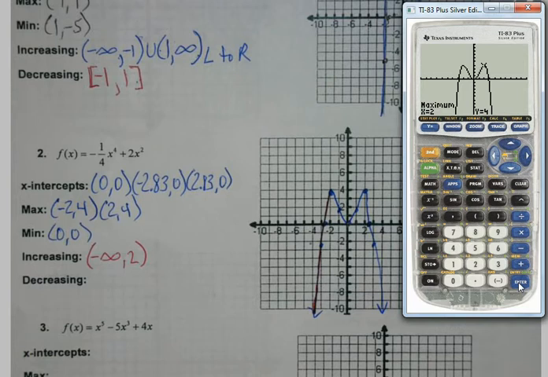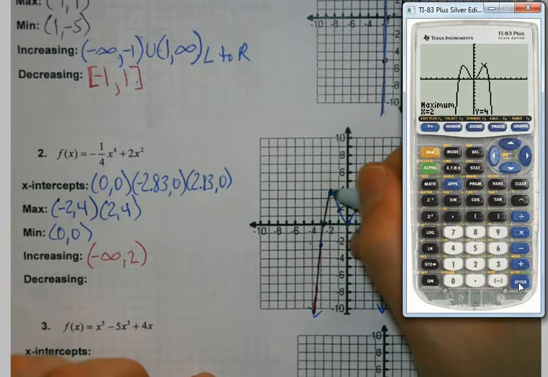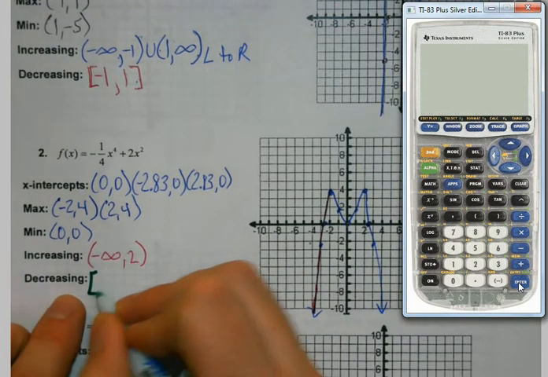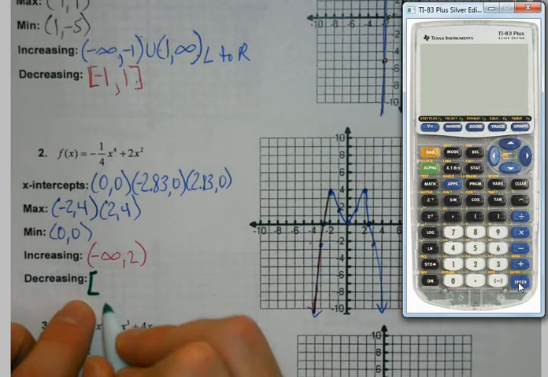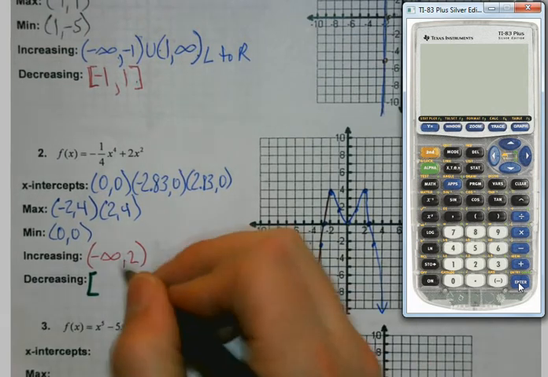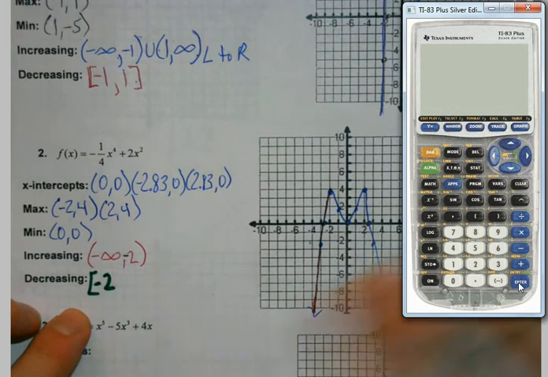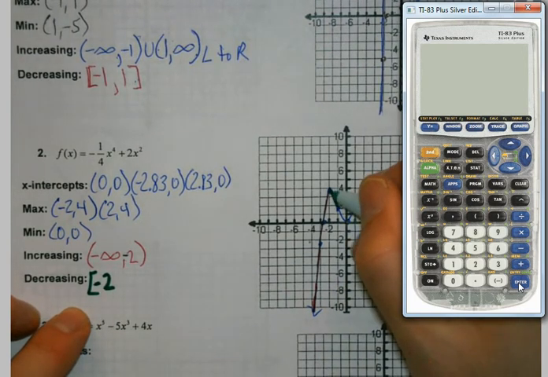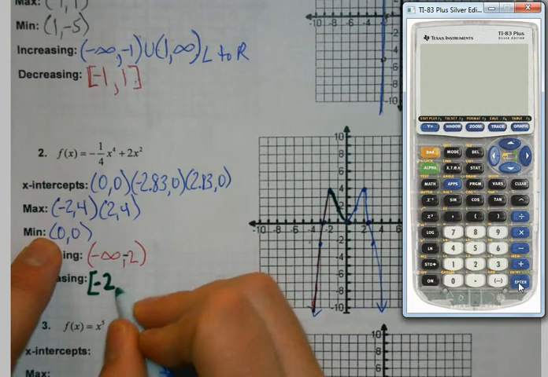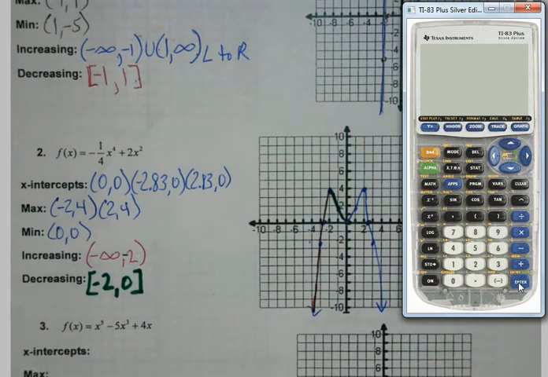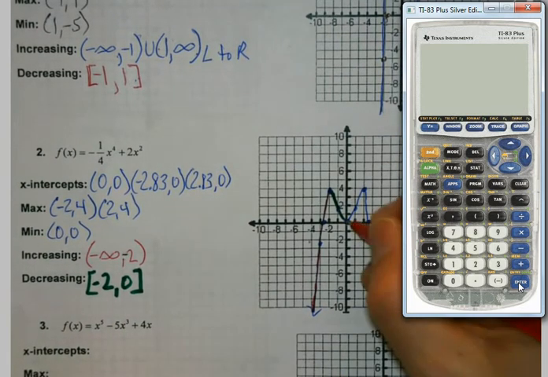Then, let me switch colors up here. There we go. So then it turns, and starting at -2, going until I hit this point at my minimum, 0, because then it turns again and starts increasing.